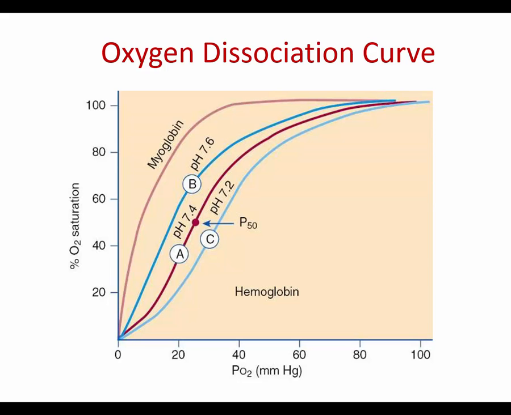When our hemoglobin is attached to the oxygen, it doesn't want to let go. It's very happy holding on to the oxygen. But when the first one goes, it's much easier to remove the second one, much easier to remove the third one, and much easier to remove the fourth one. That's why the graph is sigmoidal.